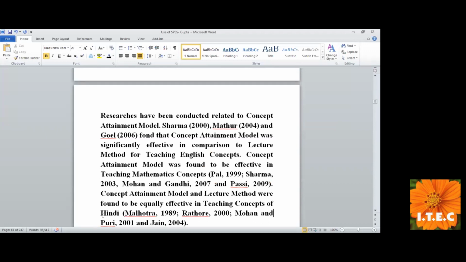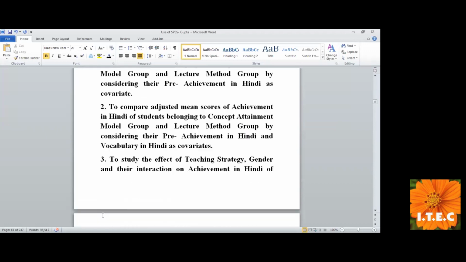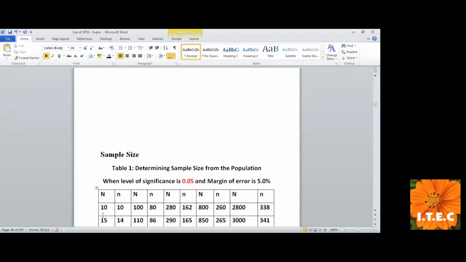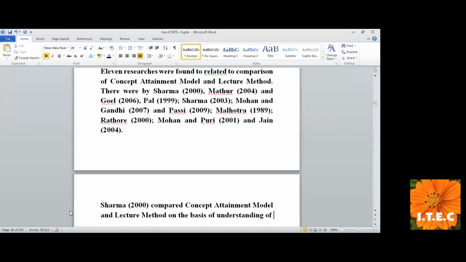English. So that Sharma compared concept attainment model and lecture method on the basis of understanding of English concepts.